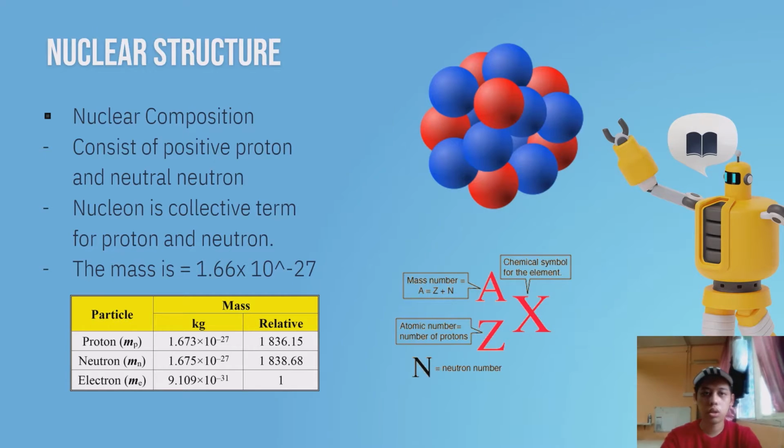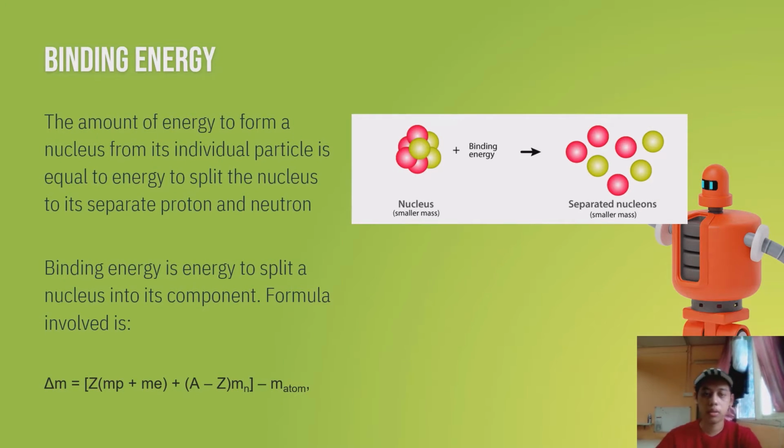And next we're going to the binding energy. So binding energy is the amount of energy to form a nucleus from its individual particles, and it is equal to the energy to split the nucleus into its separate protons and neutrons.